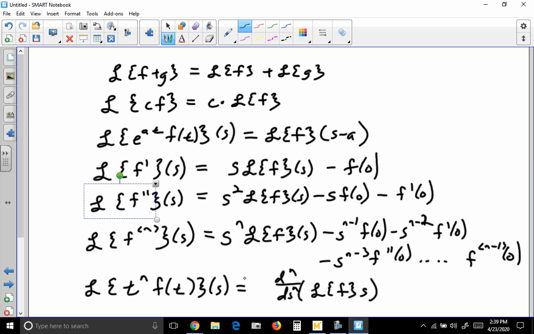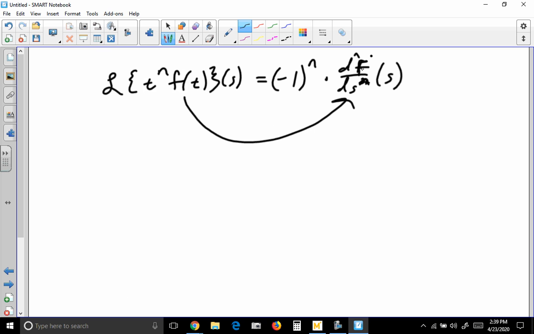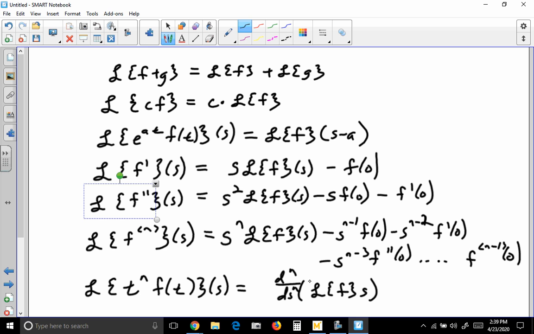So if this is a 2, we take the second derivative of the transform of that base function. We wrote it differently previously. We went ahead and wrote it big F, but this and this mean the same thing. What is the transformation of the base function? Take that many derivatives of it, and then that gets multiplied times -1 to the nth power. So those are our properties for the transforms.